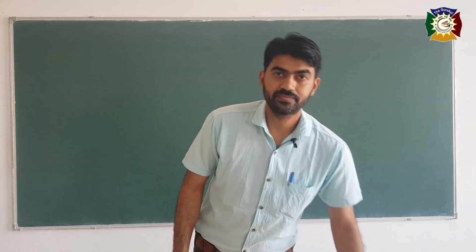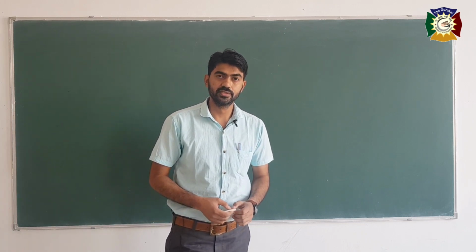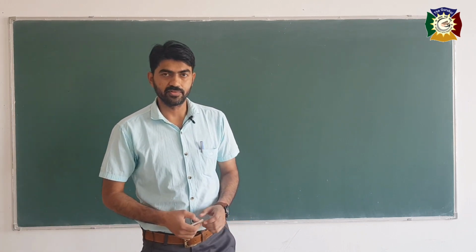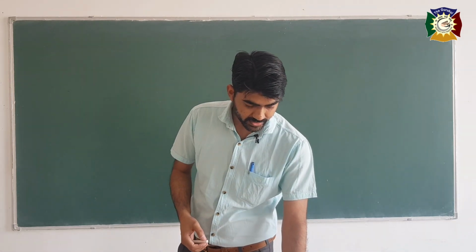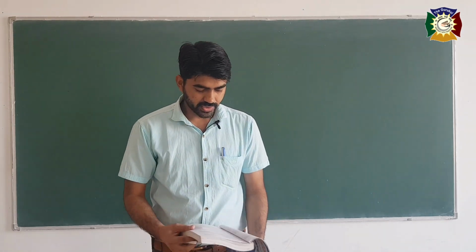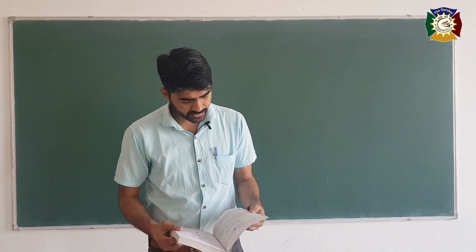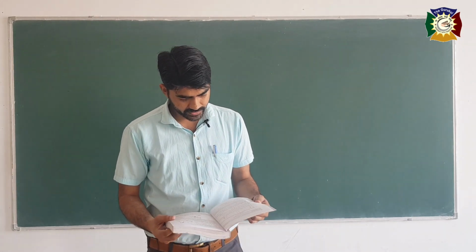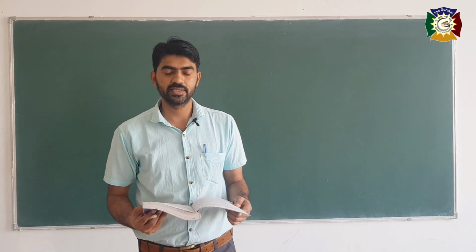In this video, we will discuss exercise 1.4 of chapter 1, Number System, class 9 mathematics, and the concepts related to that. So, I am just checking what all the concepts are there. The heading for that is representing real numbers on the number line.